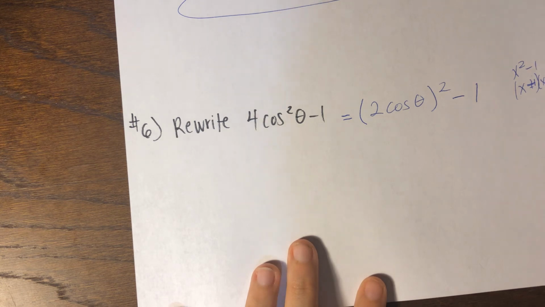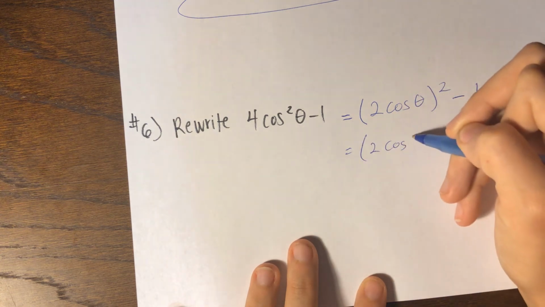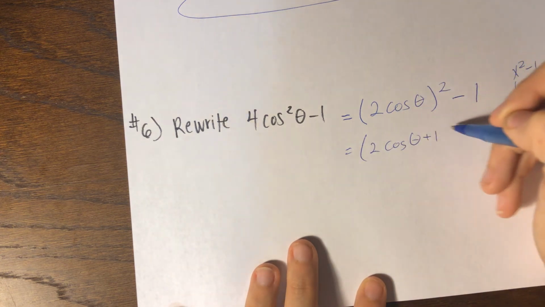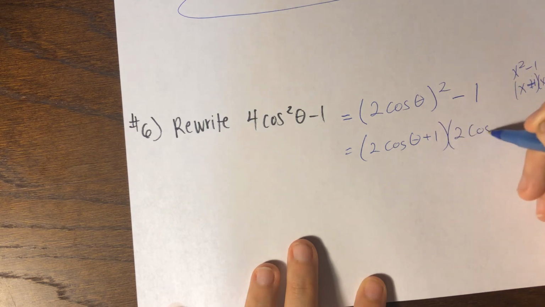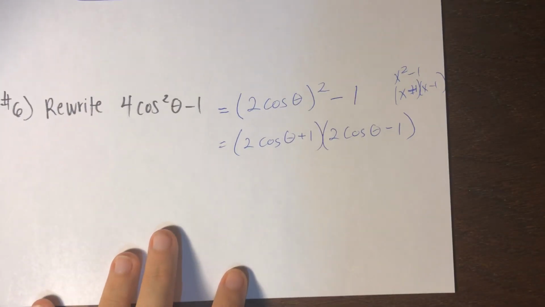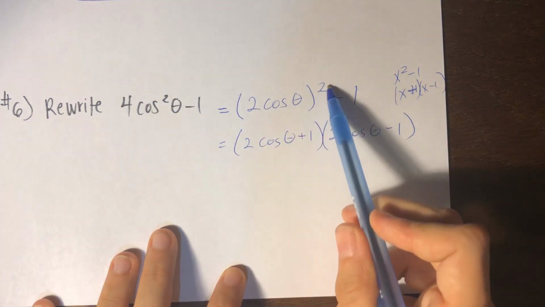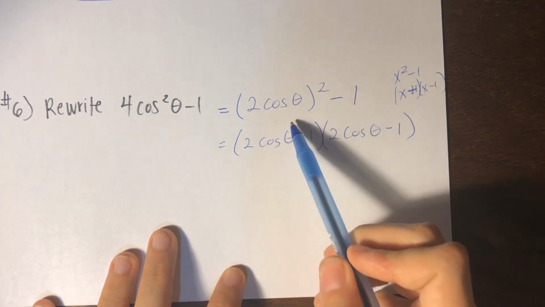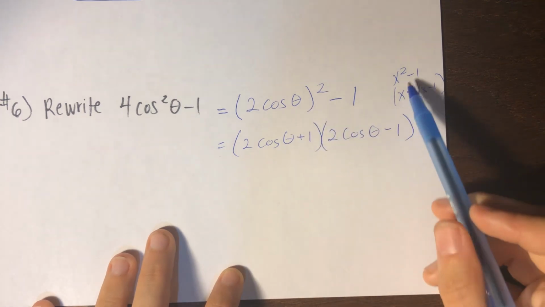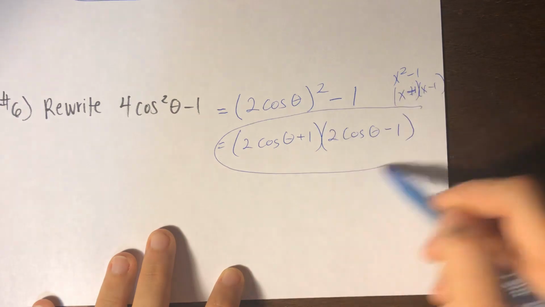So I have 2 cosine theta plus 1, and then 2 cosine theta minus 1. I just broke it apart. Now you guys can see that better. I take the square out, and then use difference of squares to break it apart even further. And that would be your answer.